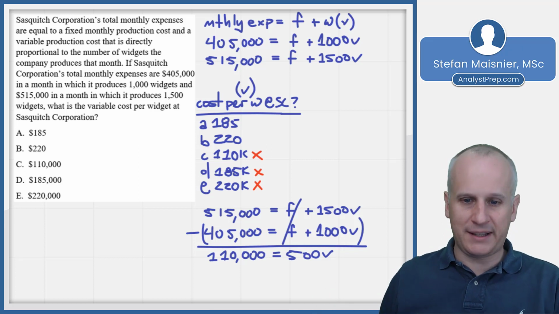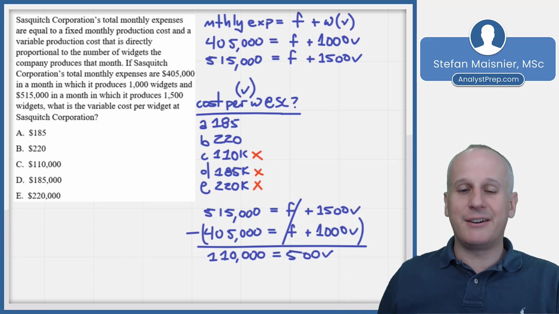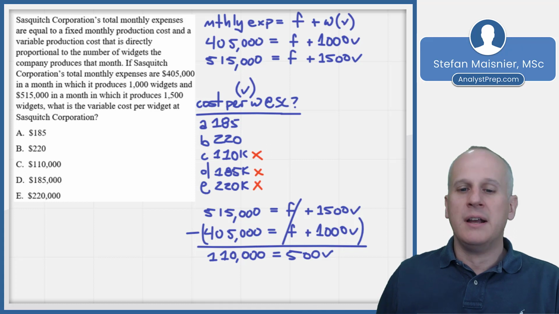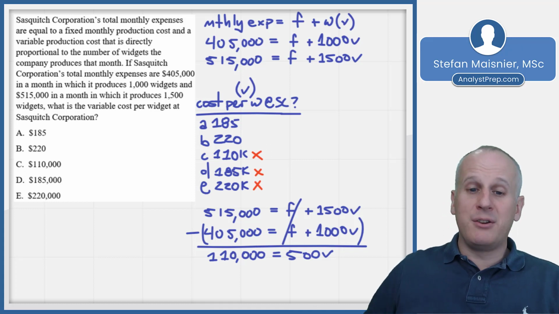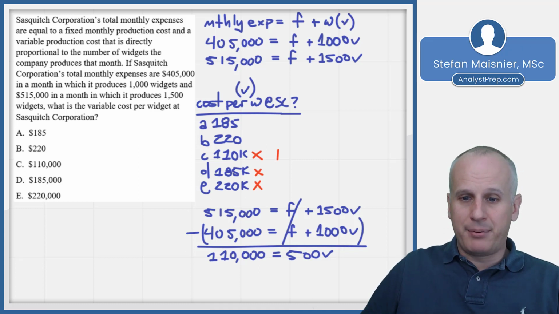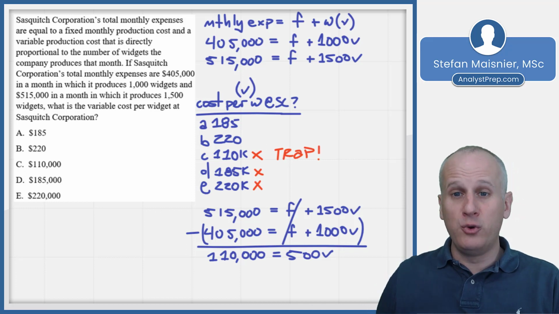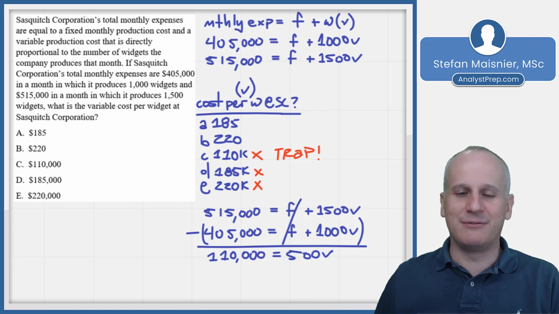Now, at this point, there are basically a couple of ways that we can work through this. Obviously, I know that it's not C, D, or E, but you can see there's a big old trap if you're not careful about what you're being asked for in choice C, because you might go, ooh, 110,000. That's not what the problem's asking for. I need the variable cost.